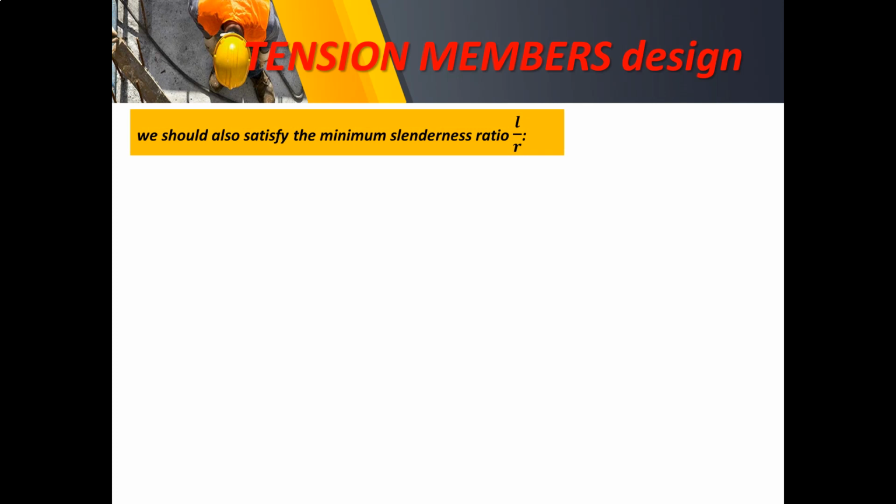Aside from those concepts that we need to satisfy, we should also adhere to the maximum slenderness ratio, L over r. L is the length and r is the radius of gyration of our member. In our strength of materials, we have known this equation: the square of the radius of gyration is equal to the moment of inertia over the area of the cross section.